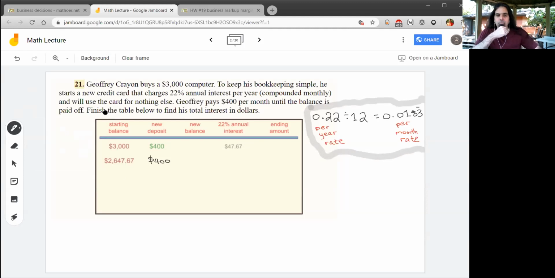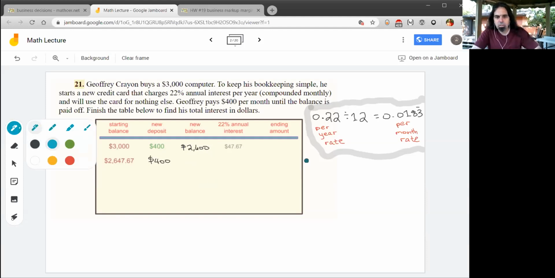So the first month, he doesn't owe interest on all $3,000 because he's going to make a $400 payment. So there's going to be $2,600 left of the principal, and that's what he owes interest on.